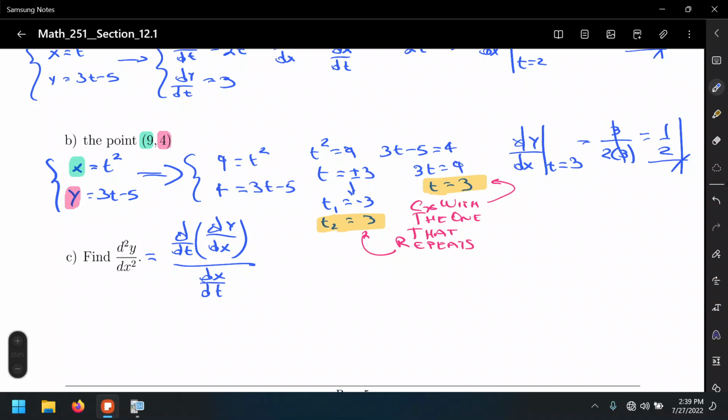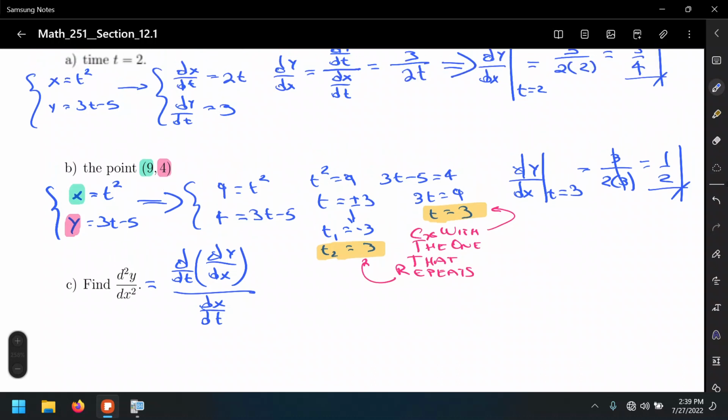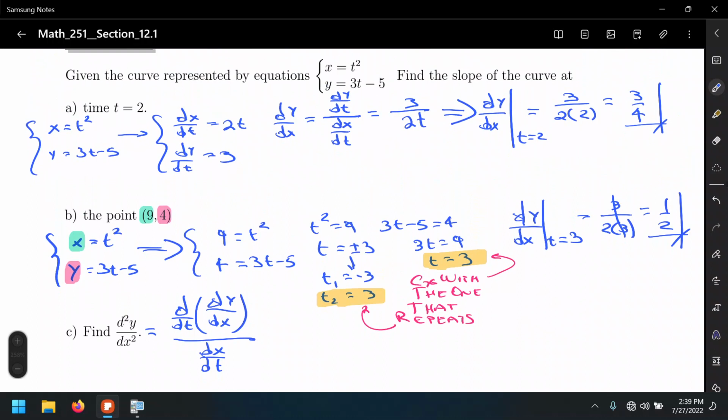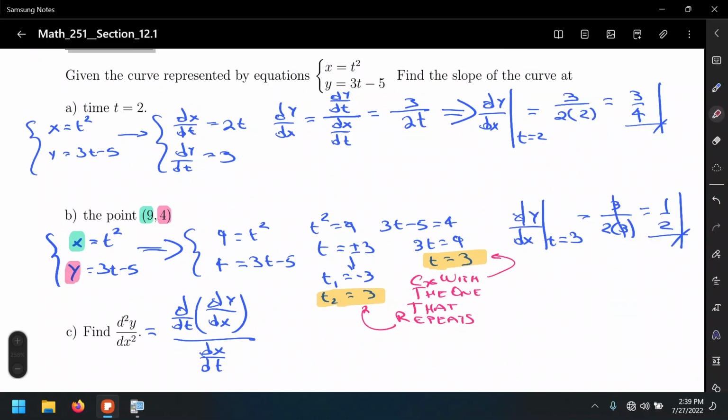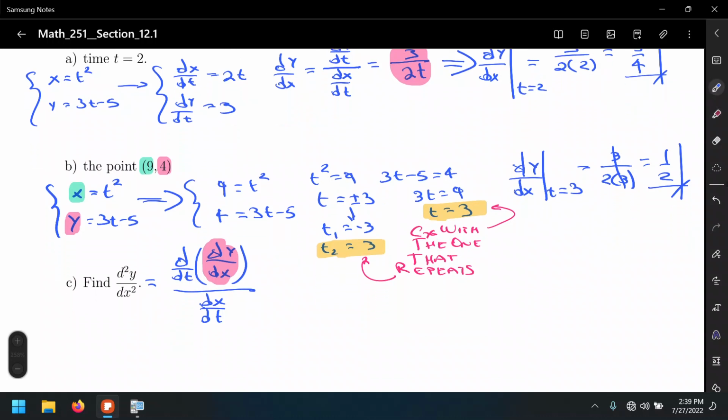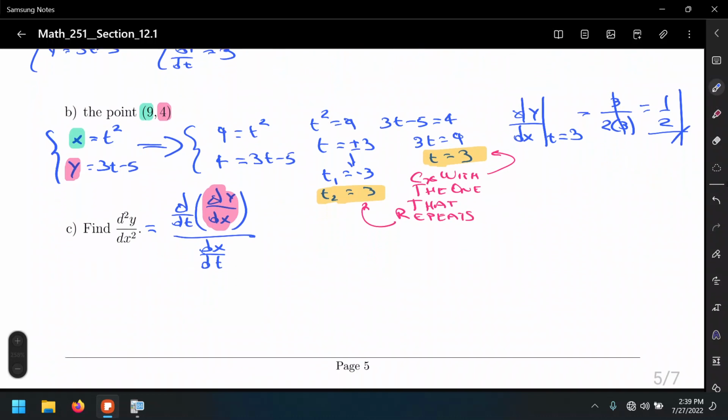And so what's that result? Let me highlight so you can see where this is coming from. This dy/dx right here is the same as this quantity right there. I'm going to continue over here.